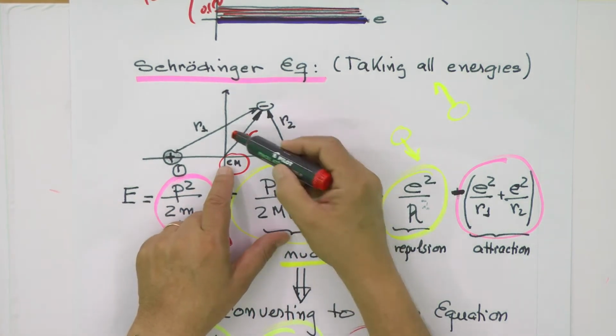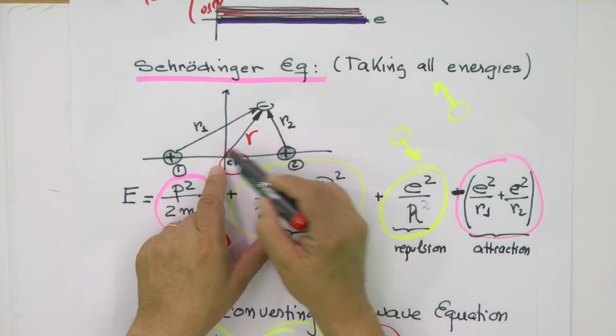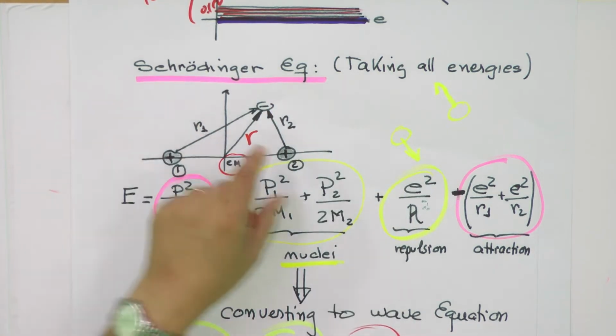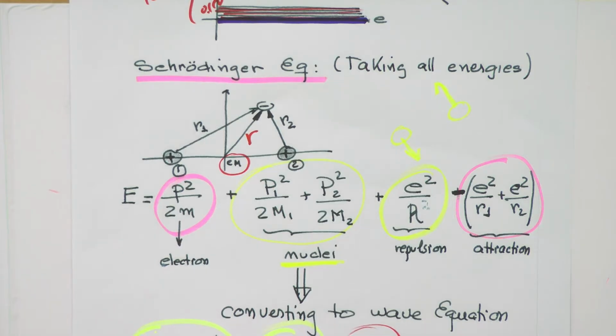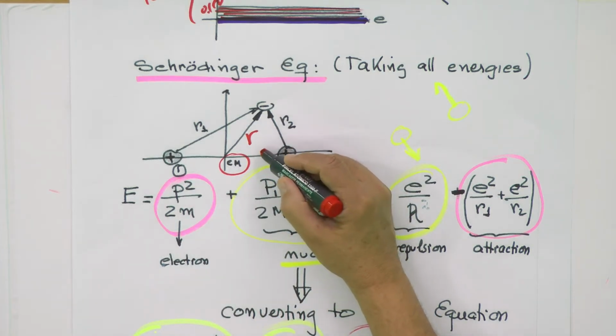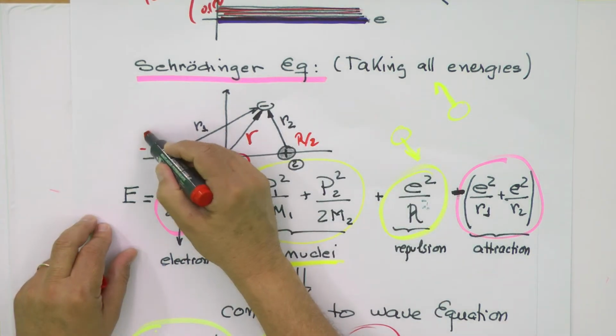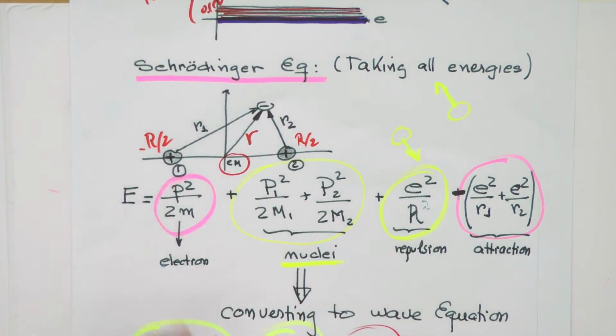And then I have one electron which is being attracted to this nucleus and one to this. And R1 and R2 are replaced here by r plus or minus R, where capital R over 2 is the position of the two nuclei. Right, so we have plus and minus.